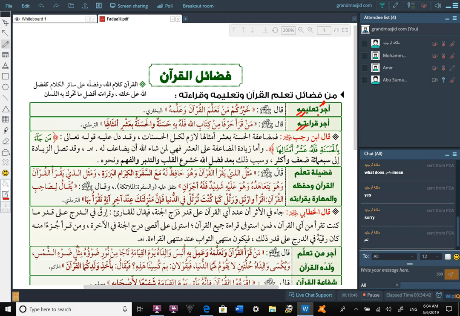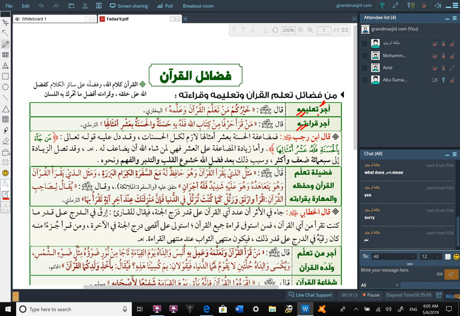Falahu. Fa is a particle meaning continuation, so we say so or therefore. Lahu, for him. La is a harf jar, meaning for, belonging to. So belonging to him or for him. Bihi meaning the harf, so with that letter.